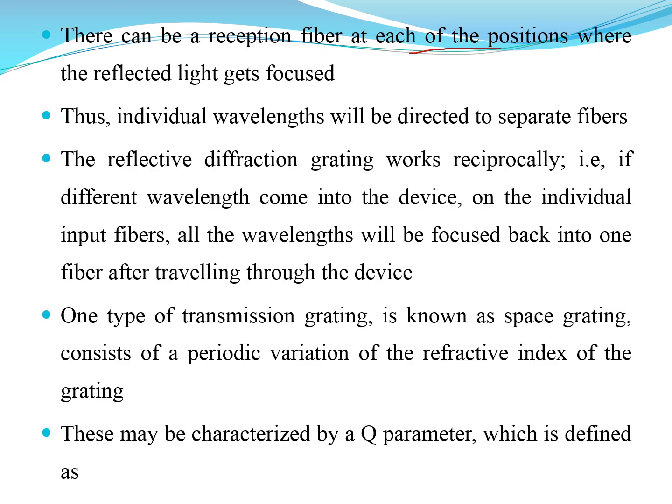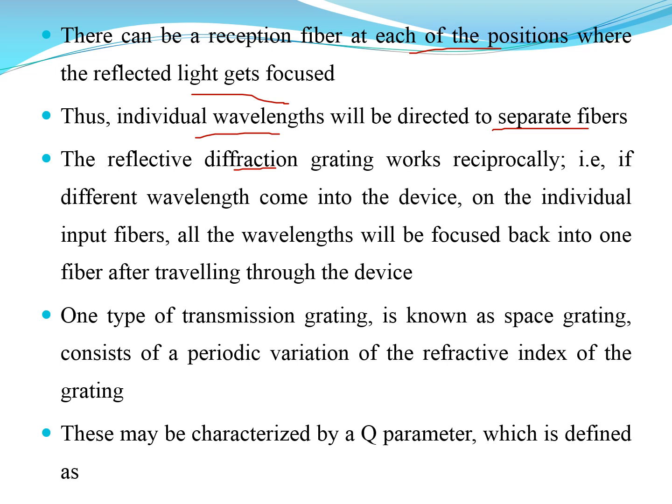So we have two different fibers, an emitting fiber and a receiving fiber, where the reflected light gets focused. Thus the individual wavelengths will be directed to separate fibers. The reflective diffraction grating works reciprocally.